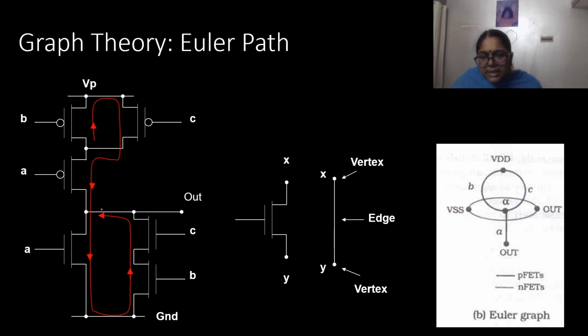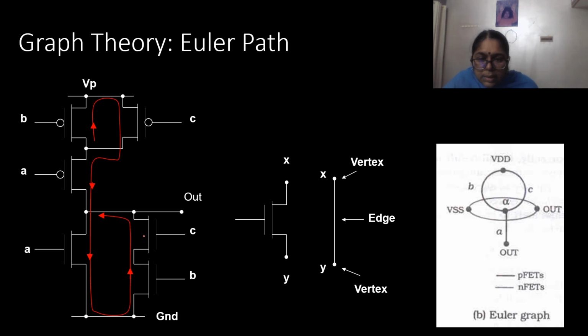In this particular diagram, you can see we have a common path here. So automatically I can say that this circuit, to which A, B, C are given as the inputs, can be easily converted to a stick diagram using common N diffusion and common P diffusion.